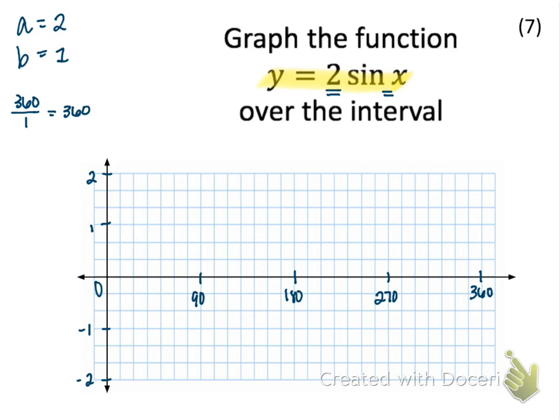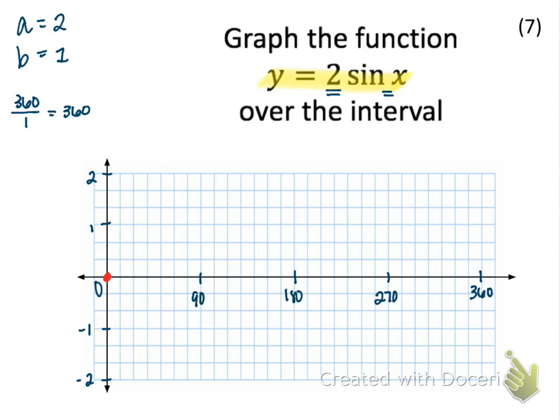So we can go ahead and start looking at how we can plot this. Our sine function, we know, started at 0, 0. So that starting value will not be affected by our transformations. Our next value, when we hit that pi over 2 or 90 degrees in degree values, we went up to 1.